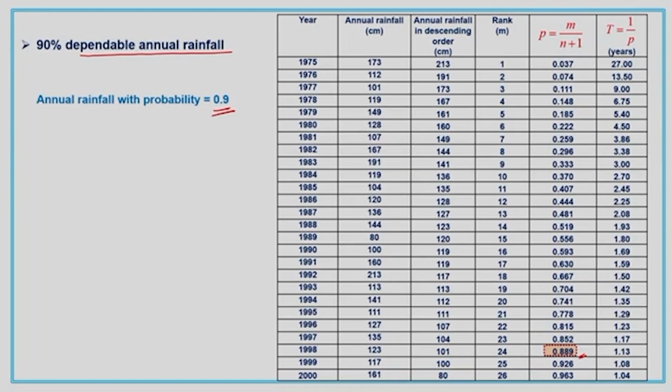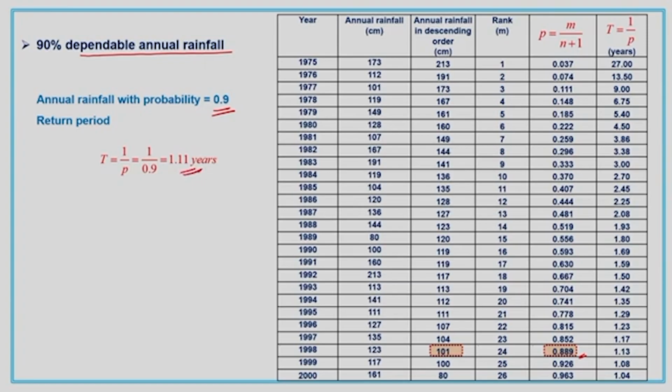Here 0.889 can be considered as approximately equal to 0.9, and corresponding to that we have an annual rainfall value of 101 centimeter, and the return period is 1 divided by 0.9, that is 1.11.